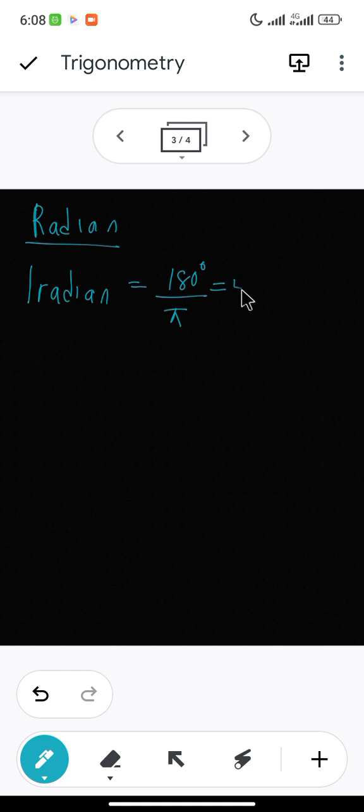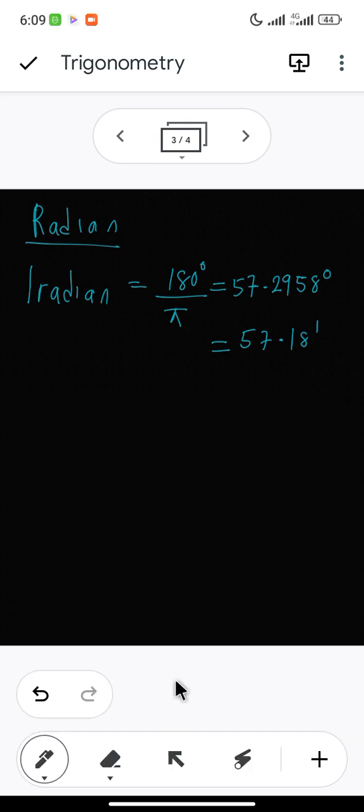This gives you 57.2958 degrees. So this is a standard. If you convert this to degrees and minutes, you're going to get 57 degrees 18 minutes. So this is a standard for radian. 1 radian is equal to this.